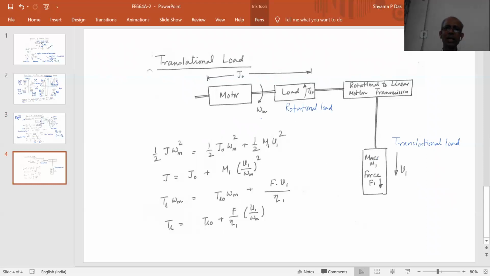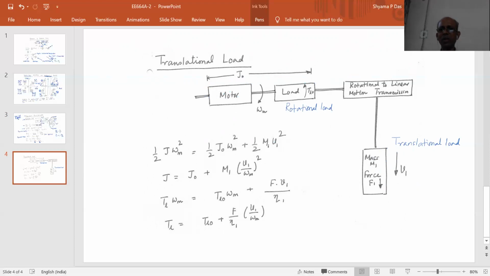The equivalent inertia of the first load along with the motor is J naught, or we can say this is the 0th load. For the translational load, which is moving in a straight line, we don't say moment of inertia because it is a linear motion.